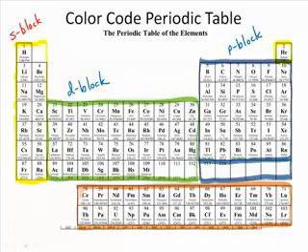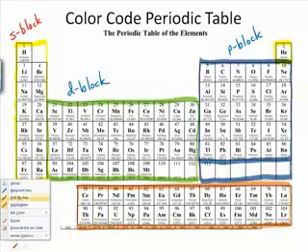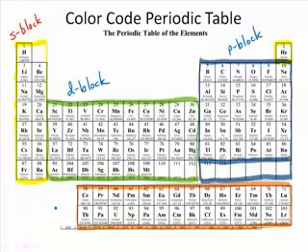And that is, if you haven't already guessed, the F block. And we're going to number the rows 2, 3, 5, 6, 7.